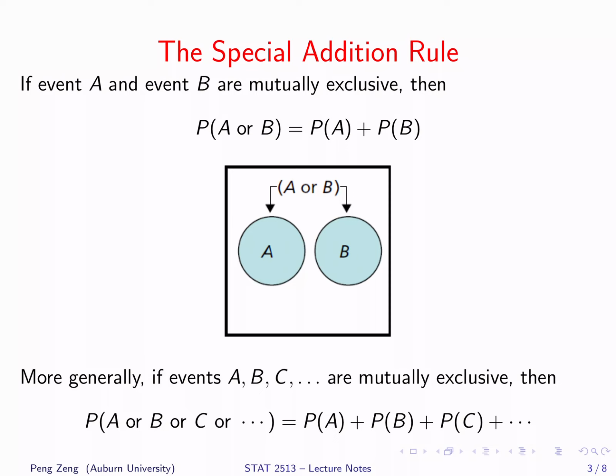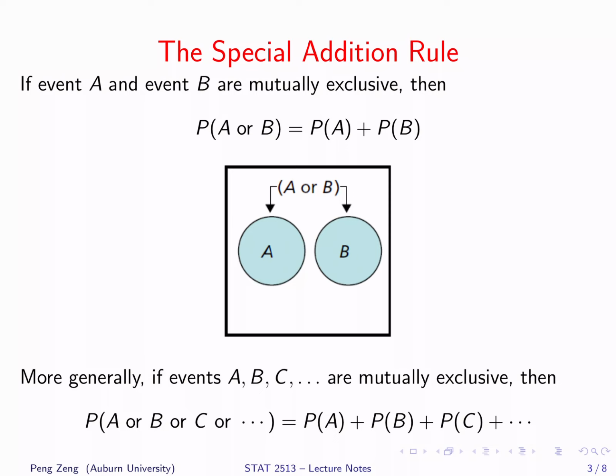We can explain this formula in terms of the Venn diagram. When events A and B are mutually exclusive, they are disjoint, which are represented by the two separated circles in the diagram. Because A and B have no outcome in common, the event A or B is exactly obtained by combining outcomes in A and outcomes in B together.